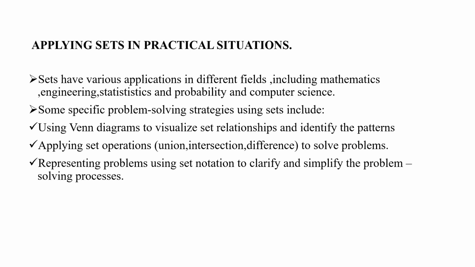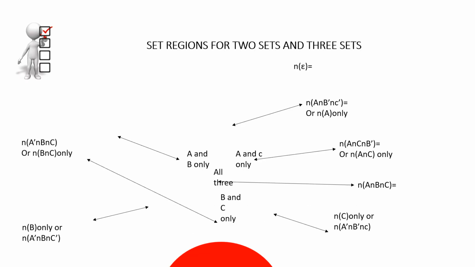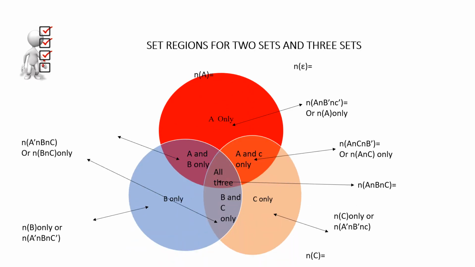Then also representing problems using set notation to clarify and simplify the problem solving process. So these are the 3 sets, and I request that you kindly see how I'm going to describe different regions. So now this symbol is for universal.